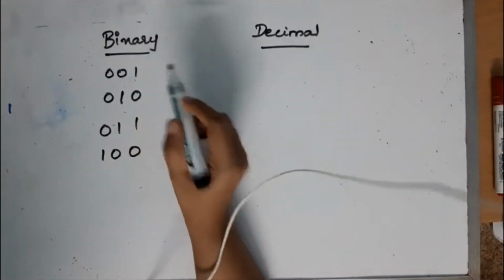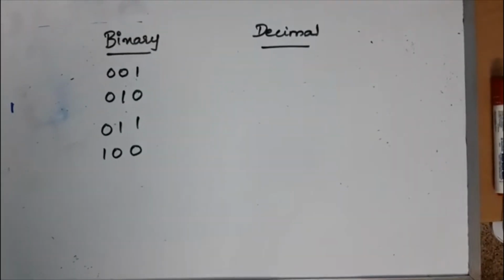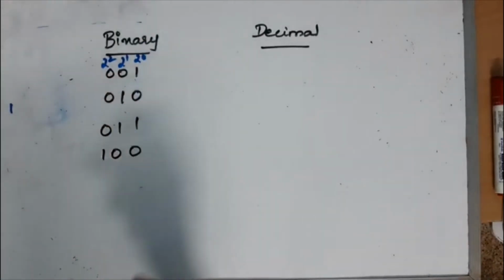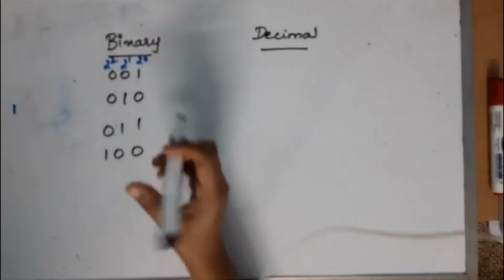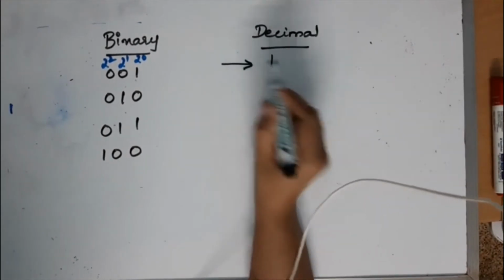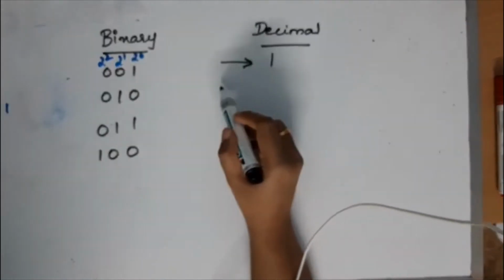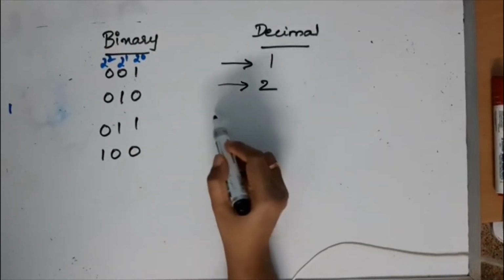So 0, 0, 1 means, how is it? This has a value of 2 raised to 0, 2 raised to 1, 2 raised to 2. So 0 plus 0 plus 2 raised to 0, 2 raised to 0 is 1. 0 plus 2 raised to 1 plus 2 raised to 0, 2 raised to 1 is 2. 0 plus 2 raised to 1 into 1 plus 2 raised to 0 into 1, that is 3.